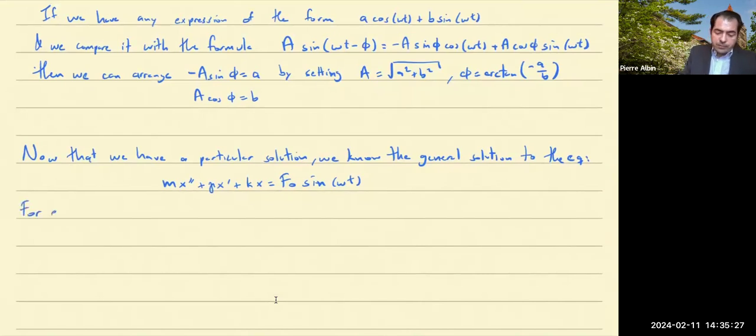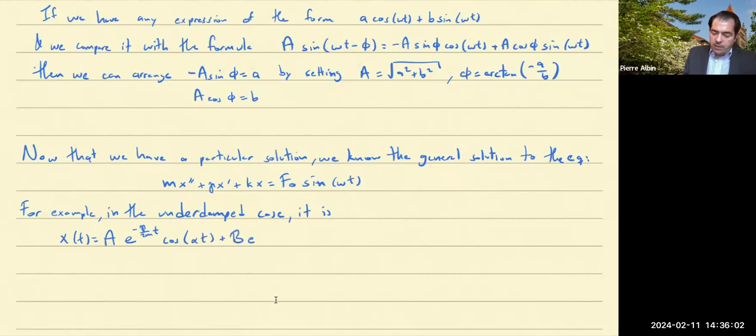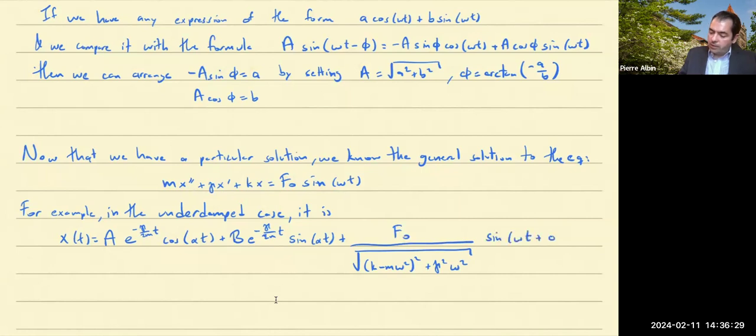But for example, in the underdamped case, it is x of t is equal to capital A e to the minus gamma over 2m t cosine of, let's say, alpha t plus capital B e to the minus gamma over 2m times t sine of alpha t plus, so this term, k minus m omega squared squared plus gamma squared omega squared, all of that square root, and all of that below F naught sine of omega t plus phi, minus phi.